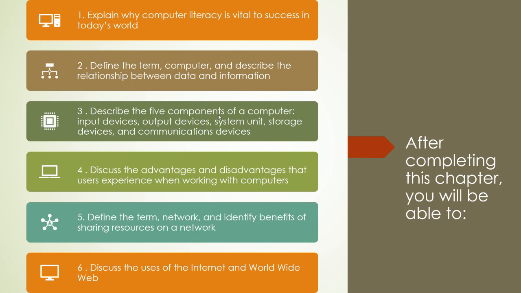Some of these objectives will be discussed in the following videos that I'm going to make. Number five, define the term network and identify benefits of sharing resources on a network. Number six, discuss the uses of the internet and the WWW or the World Wide Web.